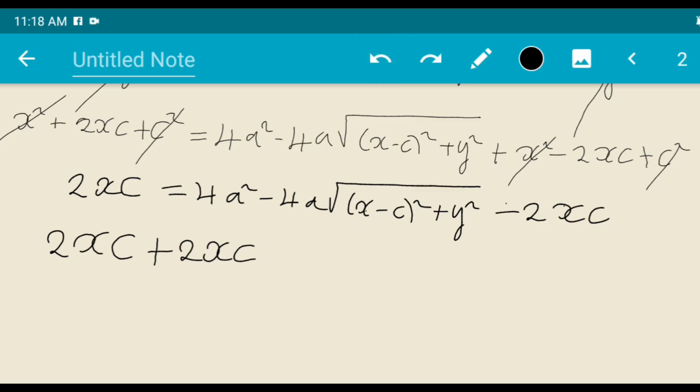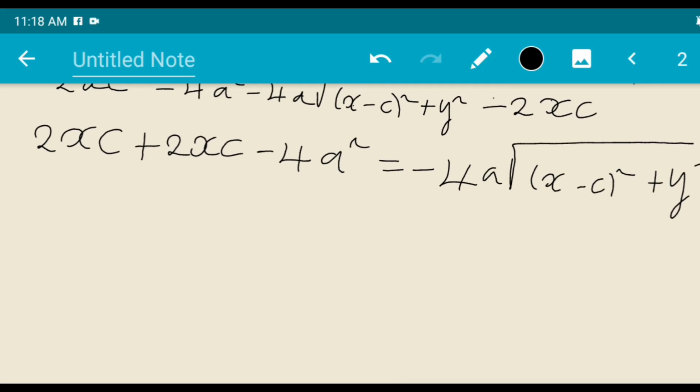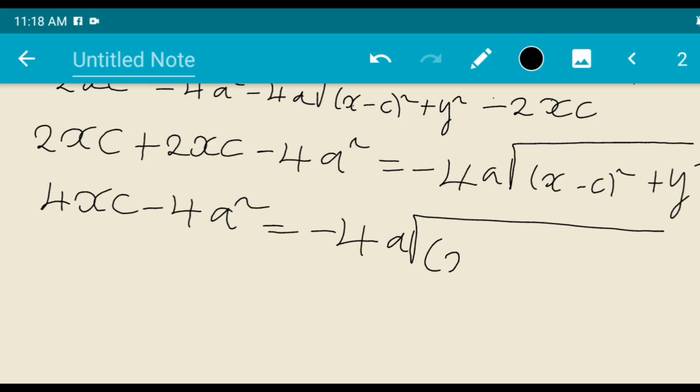When it goes to the other side, it is going to be minus 4a squared, should be equal to negative 4a. We do that, then this here will be the square root of x minus c squared plus y squared. So this is just going to be 4xc minus 4a squared should be equal to negative 4a square root of x minus c squared plus y squared.